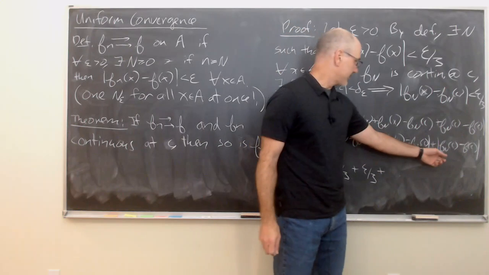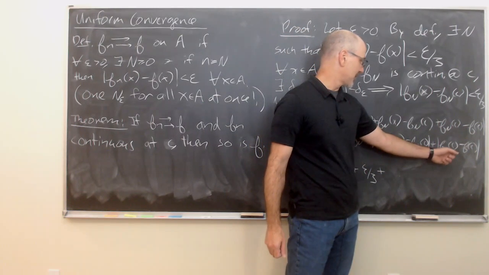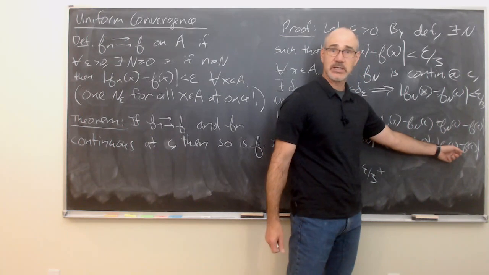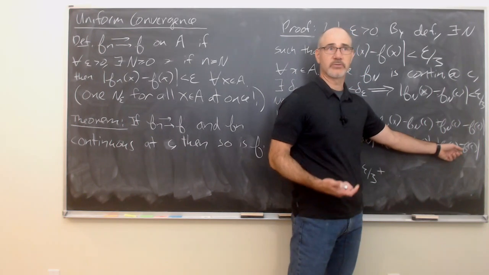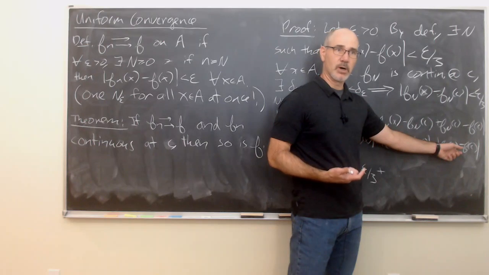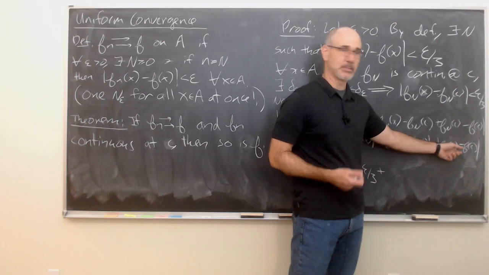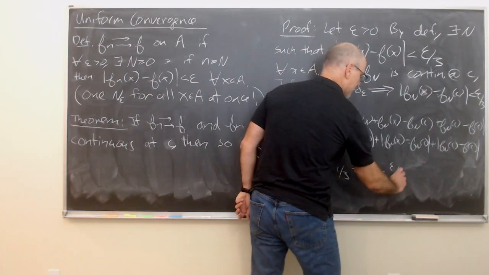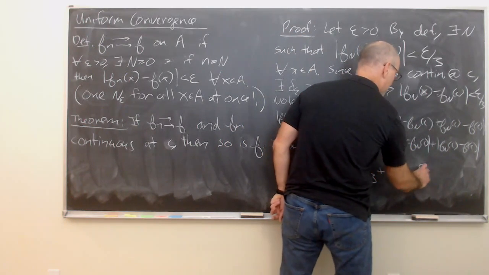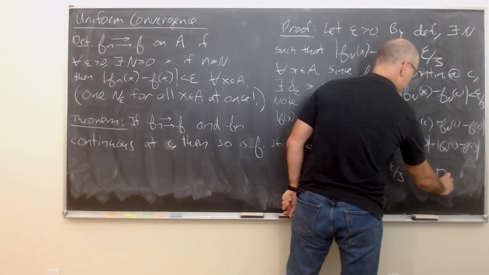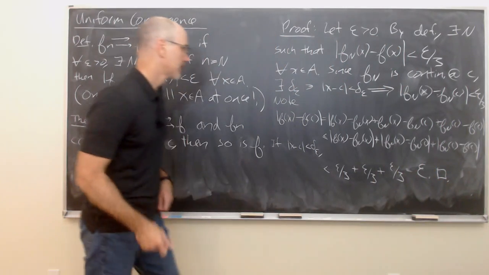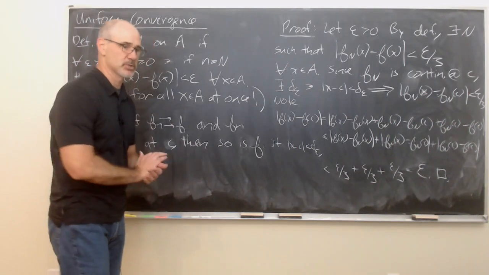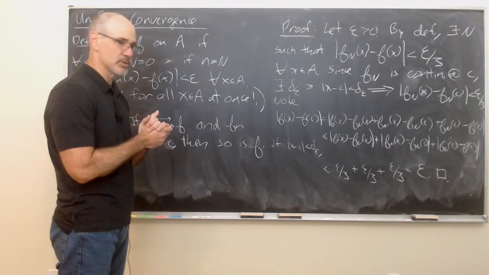And then by the uniform convergence again, the last piece is using a value for c that's also in the set A. And remember, the uniform convergence works for all x in A at the same time. So |f_N(c) - f(c)| is also less than epsilon over 3. And that equals epsilon as required. So if we have a uniformly convergent sequence of continuous functions, the limit function has to also be continuous.